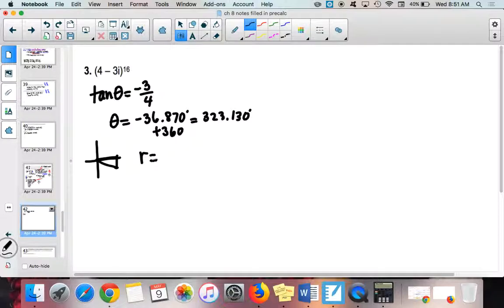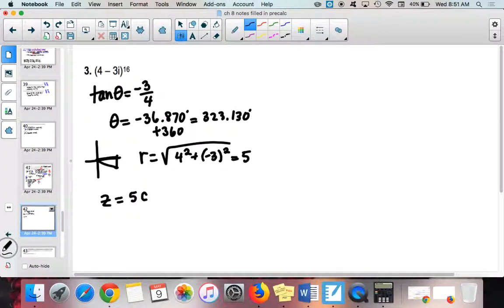All right, and then our r ends up being the square root of 4 squared plus negative 3 squared, which ends up being 5, so that's at least nice for us. So our z is going to be 5, and you can write cis if you want to. I'm fine with that.